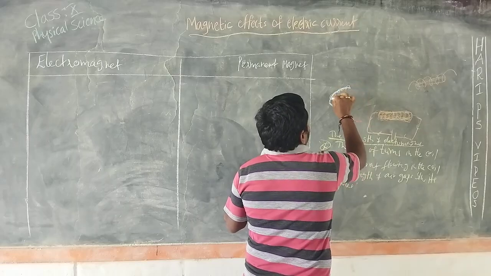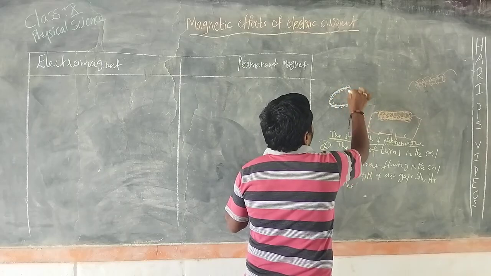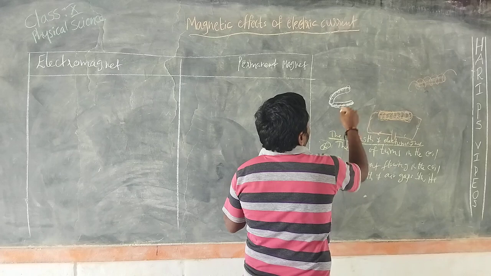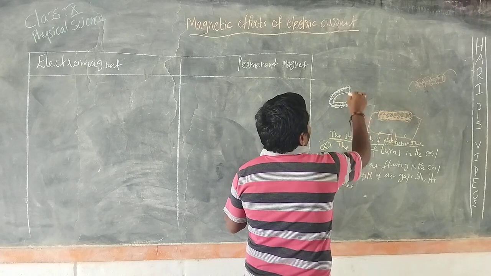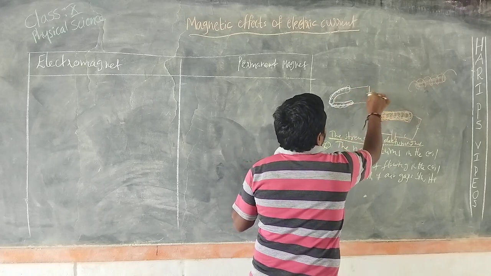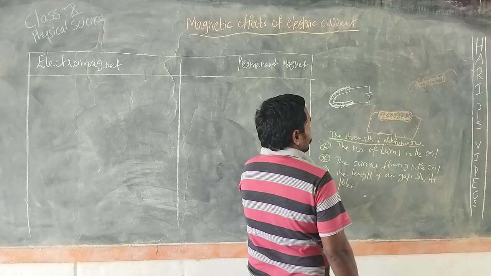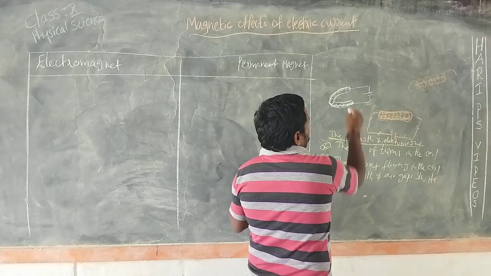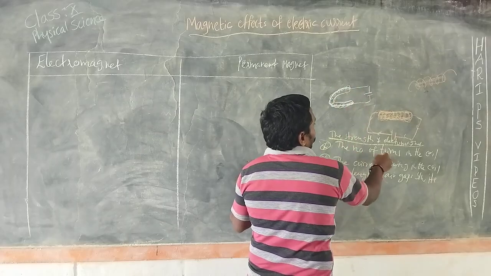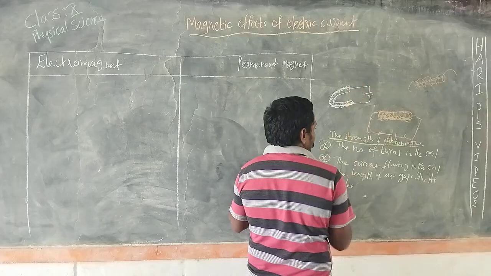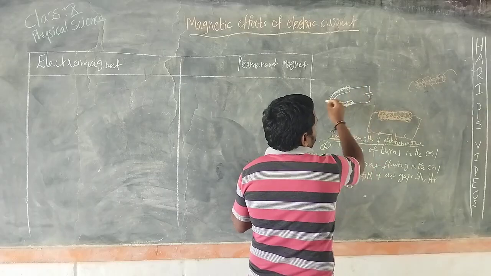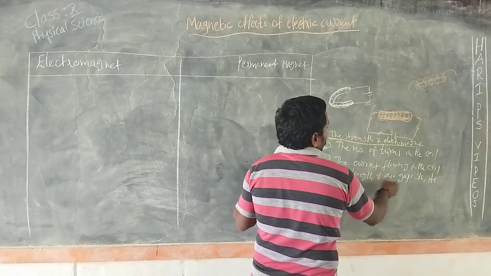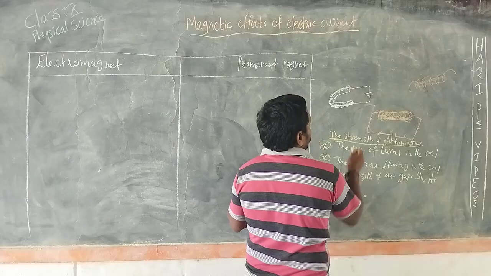So when we wrap it with some insulated copper wire, what will happen? When electric current is passed through it, this strength depends on the number of turns in the coil, the current flowing in the circuit, and the length of air gaps between the poles.